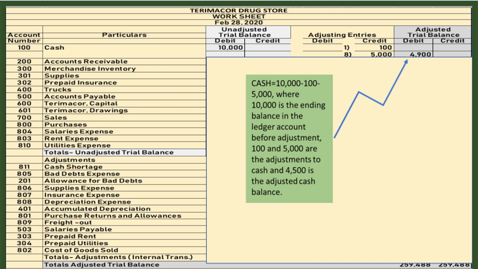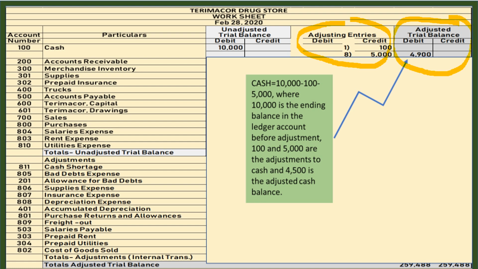We're going to plot all the adjustments in the adjusting entries column of the worksheet, and afterwards we're going to plot the effects of the adjustment on the adjusted trial balance.